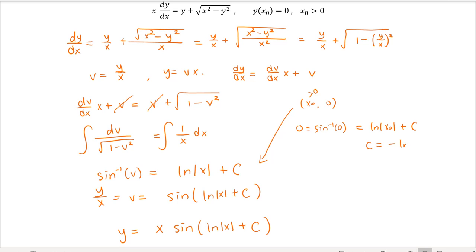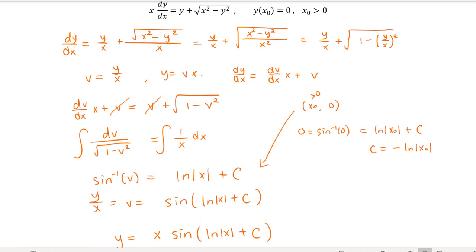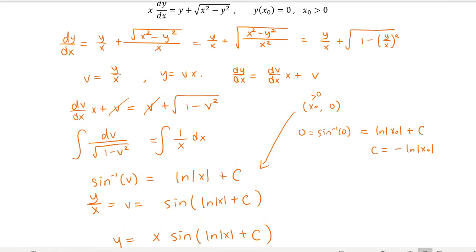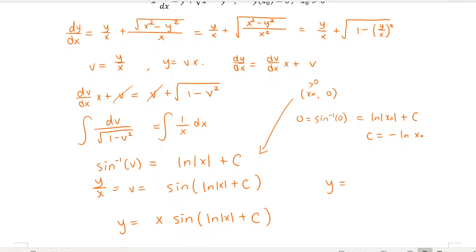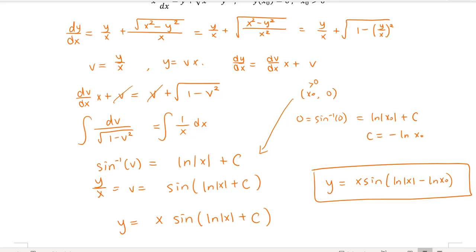So c equals minus ln of the absolute value of x0. And you know x0 is positive, so that's why we don't need the absolute value in this case. Okay, so now finally y is x sine of ln of the absolute value of x minus ln of x0. Okay, so this is the final answer.